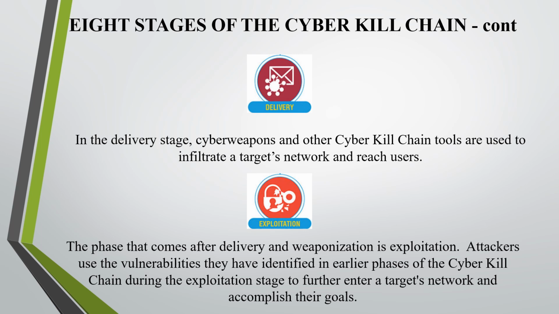The fourth stage is exploitation. The exploitation phase comes after delivery and weaponization. Attackers use the vulnerabilities they have identified in earlier phases of the cyber kill chain during the exploitation stage to further enter a target's network and accomplish their goals.